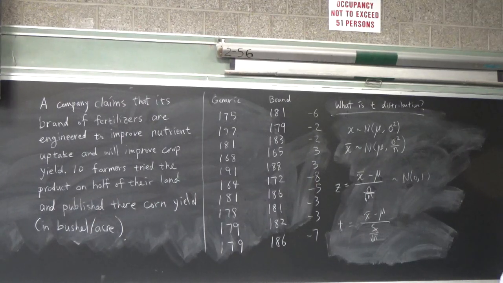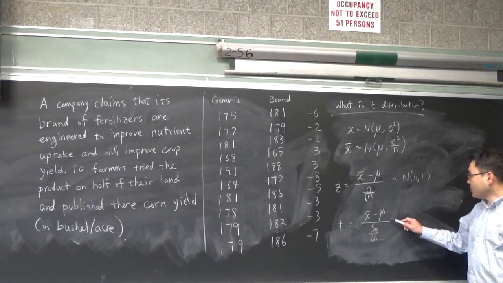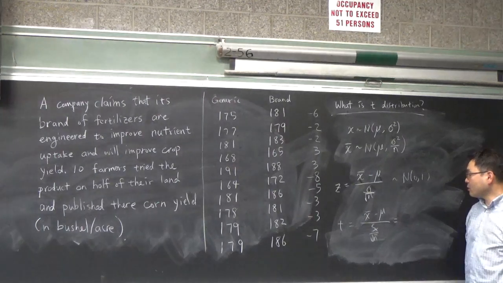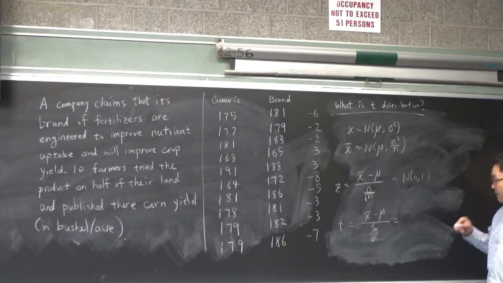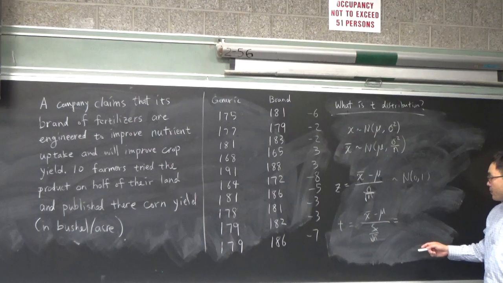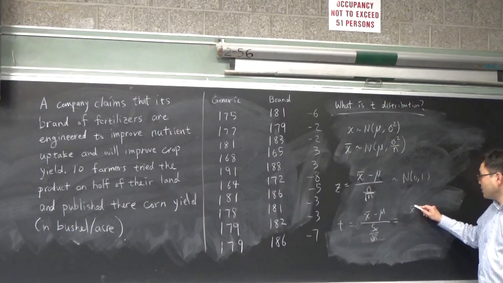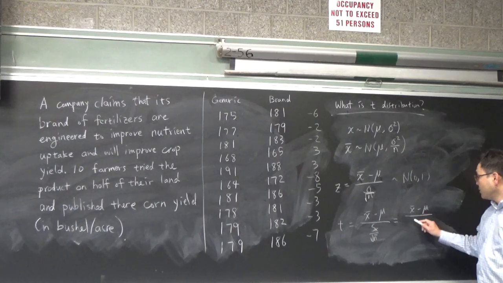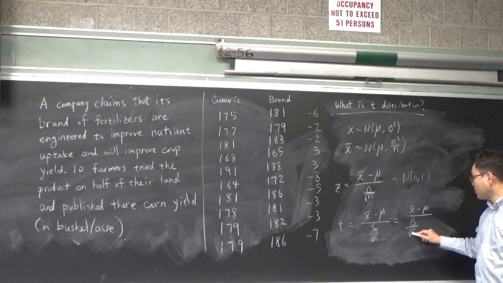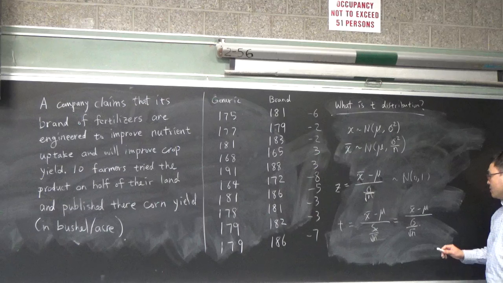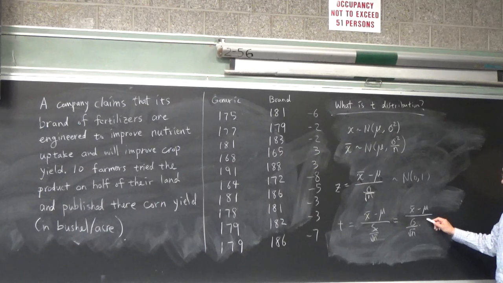But if you look at what this is doing, this is the same thing as sigma over square root of n times Sx divided by sigma, okay?